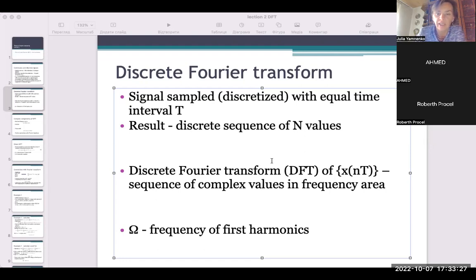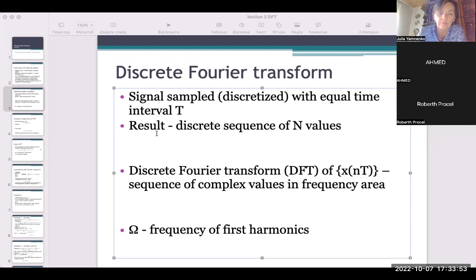So for each concrete value of k, we can calculate the component of the Fourier spectrum. It can also be written in a symbolic form, like here where I'm pointing: F with a lower index D. It is a symbol of the direct discrete Fourier transform.